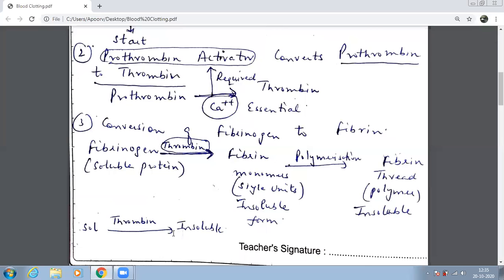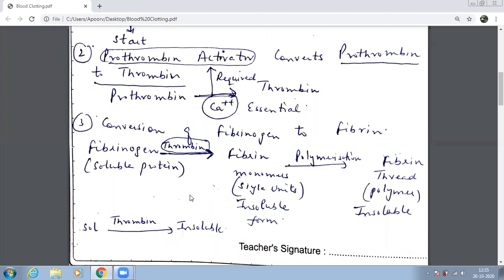Now let's come to the third and the final step here. This is just an outline. I'll be going into details after this. Conversion of fibrinogen to fibrin. What conversion is taking place in the third step? Fibrinogen to fibrin. And what conversion was taking place in the second step? Prothrombin to thrombin. Yes.